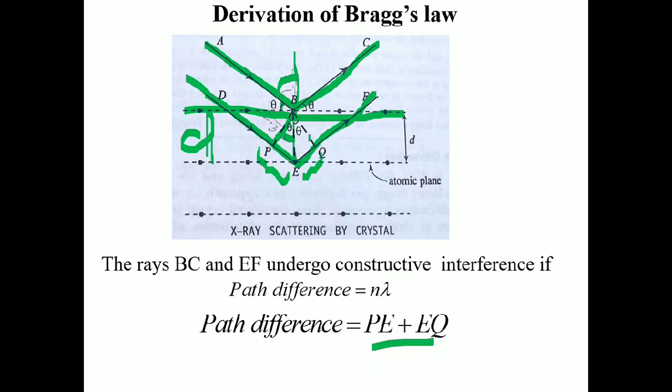Similarly, from the other triangle BQE, you get one more sin theta, equal to opposite QE divided by hypotenuse BE. That is what I have written here: sin theta is PE by BE, and the other triangle gives sin theta equal to QE by BE.